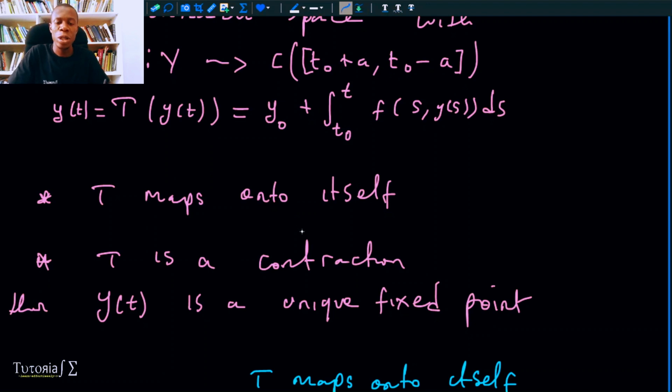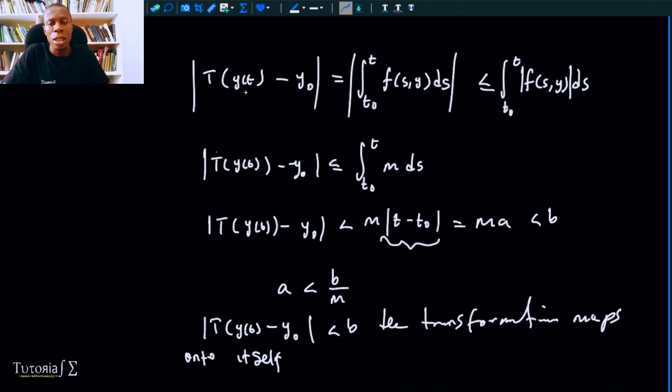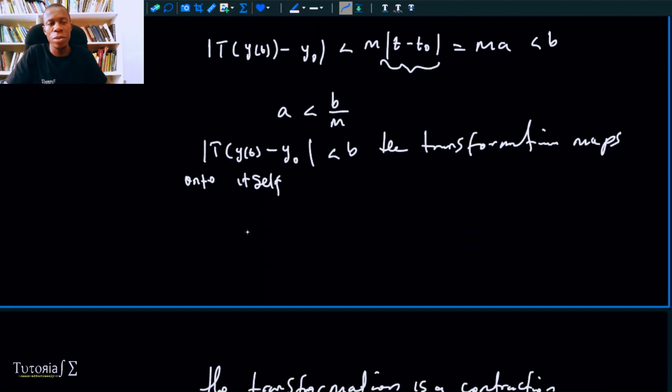If it maps onto itself and it is a contraction, then y of t is a unique fixed point. We showed that y maps onto itself by taking T of y minus y0, and we simplified. We found that this is less than b, meaning that the transformation remains inside D, so it maps onto itself.